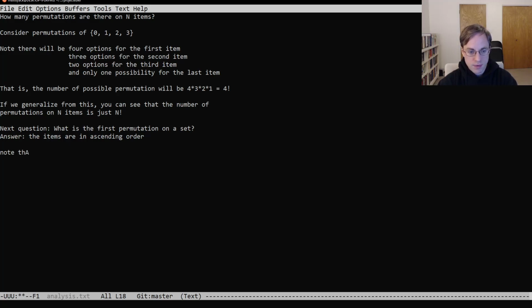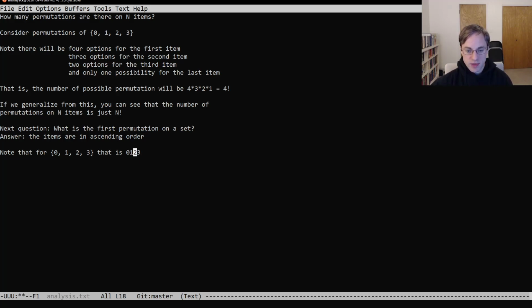Note that for 0, 1, 2, 3, that is 0, 1, 2, 3. And you can see that this is true because, for example, if it didn't start with a 0, if it was a 1, 2, or 3 in the first position, that would necessarily be a greater number than 123.